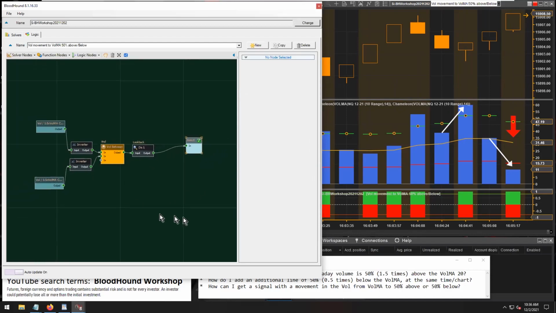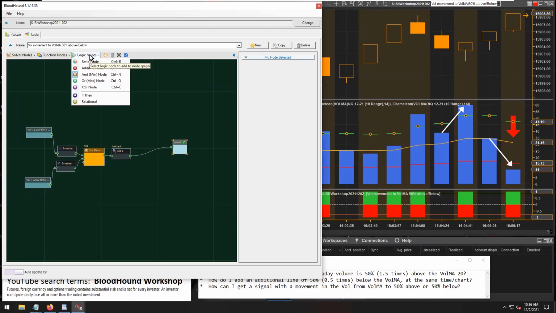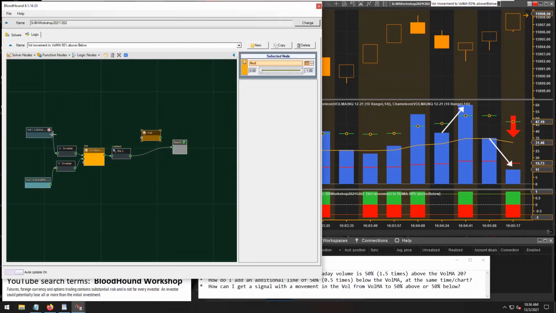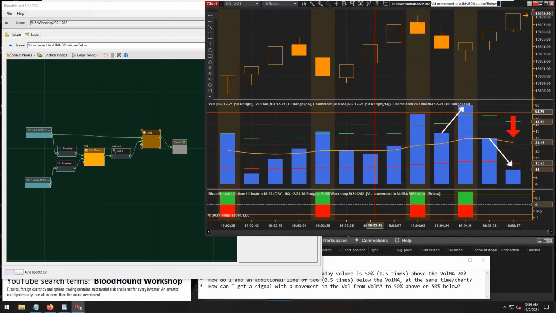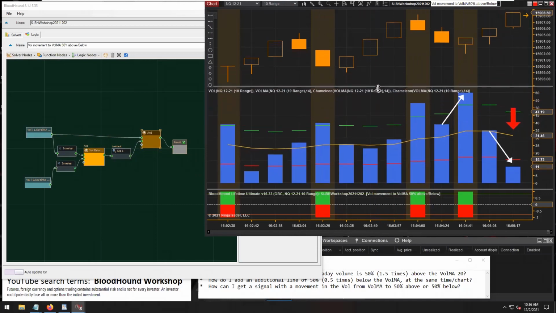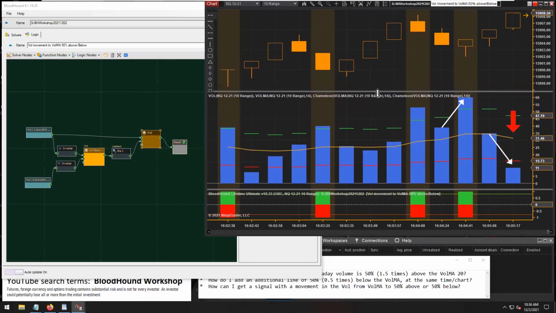And so now, if we grab another AND node and combine these two together, there. Now, there's probably something missing here.